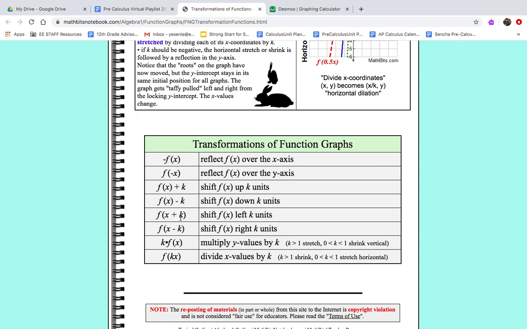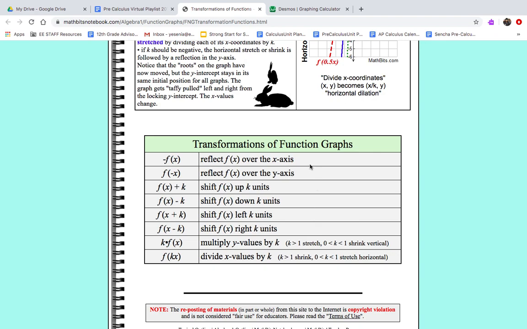Plus k inside the parentheses is going to be a horizontal shift left by certain units, minus k inside the parentheses is going to be shifted to the right horizontally. Multiply by k, either it stretches it if it's a number greater than 1, or it shrinks it if it's between 0 and 1. And if the k is inside the parentheses, it does a shrinkage if k is greater than 1, or it stretches horizontally if the k is between 0 and 1.